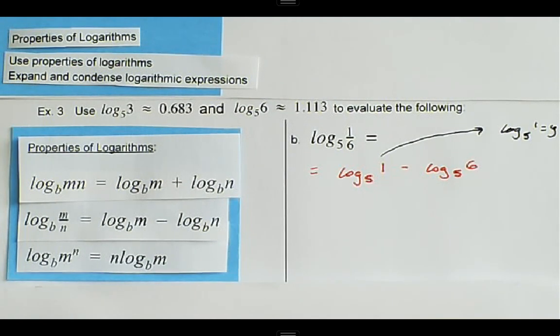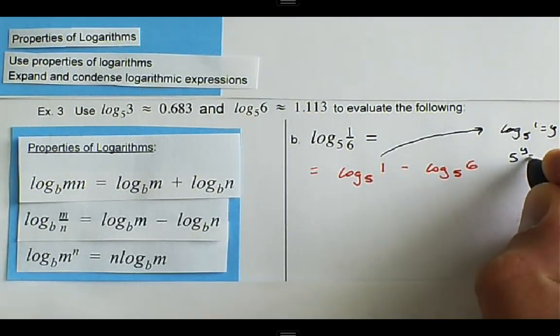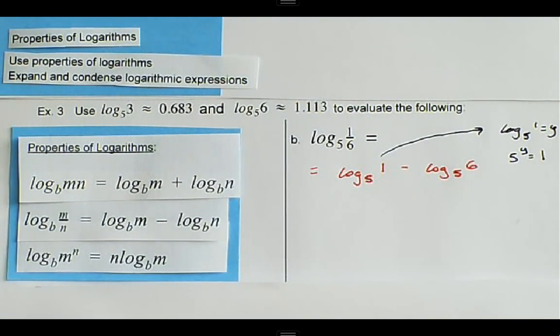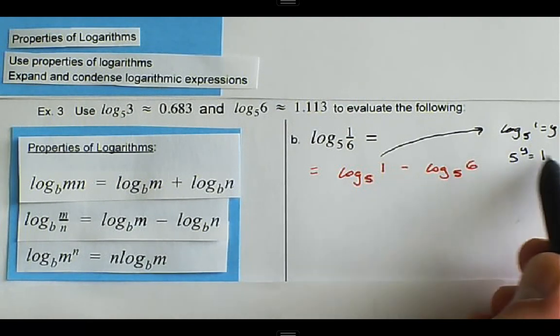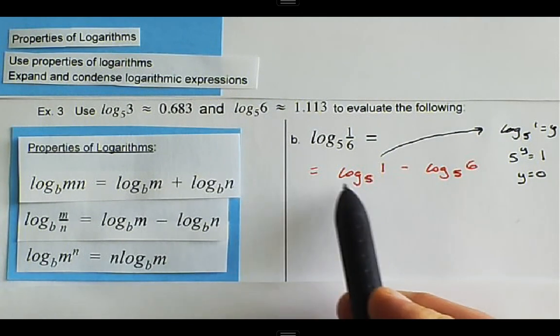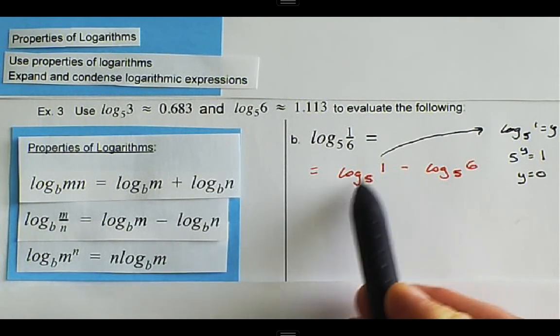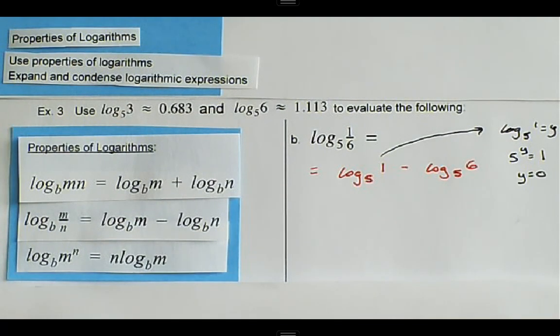Well, another way that we can write that is 5 raised to the y power is equal to 1. So in this case, what would y have to be? y would have to be 0, because 5 to the 0 power is 1. So log base 5 of 1, that whole thing ends up being just 0.